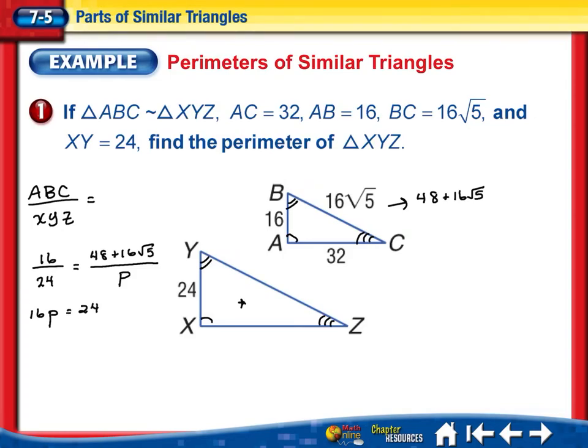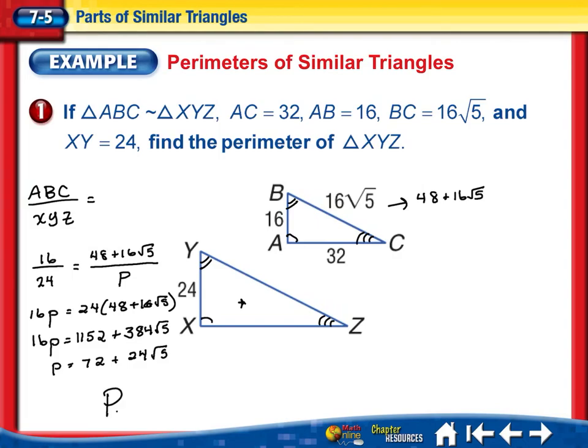So we get 16P is equal to 24 times 48 plus 16 root 5. Distribute everything, I get 1152 plus 384 root 5. Then I need to divide everything by 16, so I have to divide each of those terms. 1152 divided by 16 is 72, and 384 divided by 16 is 24 root 5.